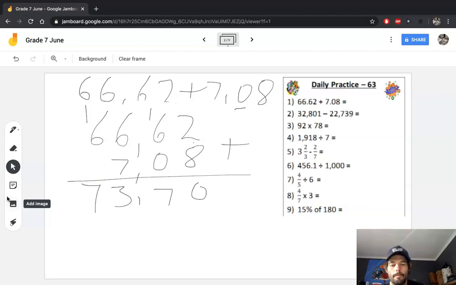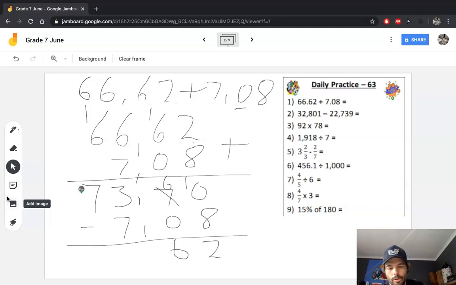To check, I must subtract 7,08 from 73,70, and we should get our original amount, 66,62, and we do. So therefore we know that our original addition calculation must be correct.